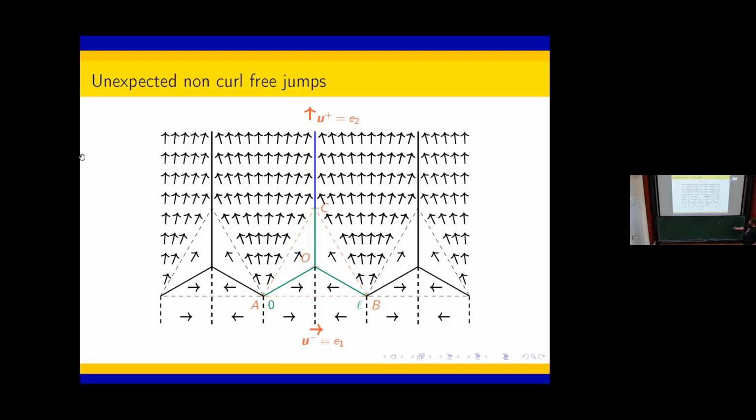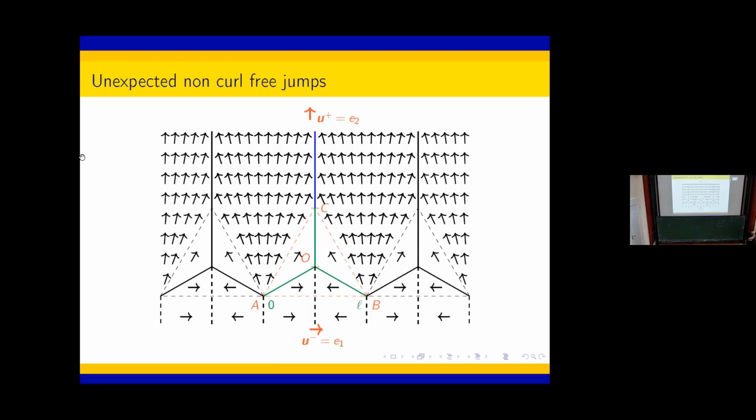And I build something periodic, made of pieces of vortex, pieces of vortex, and you have the same triangles as before, and you have artificial jumps which have no cost between plus and minus E1.